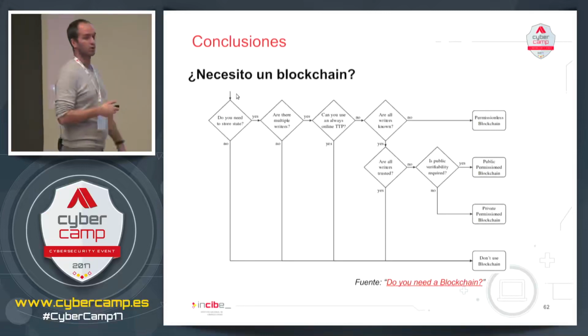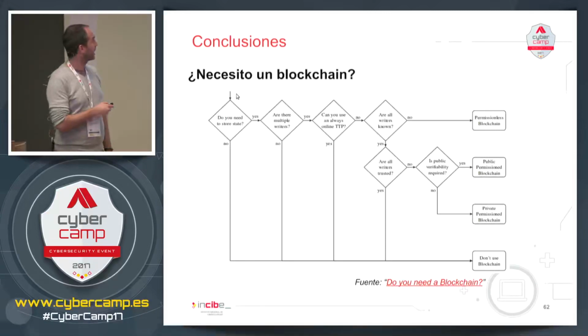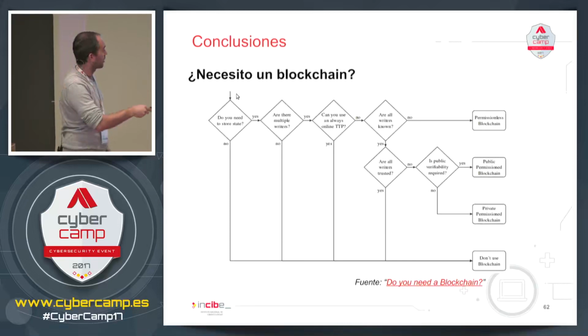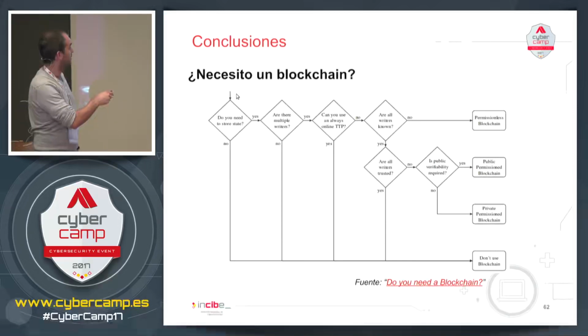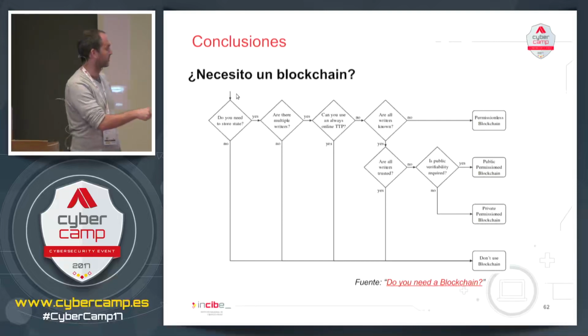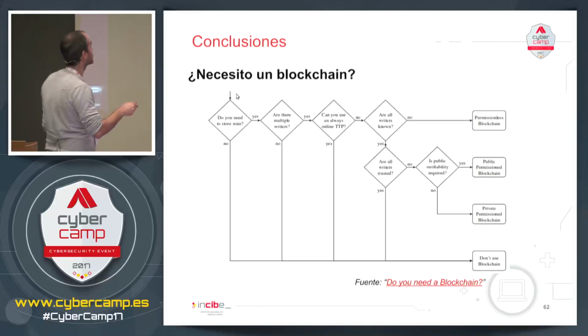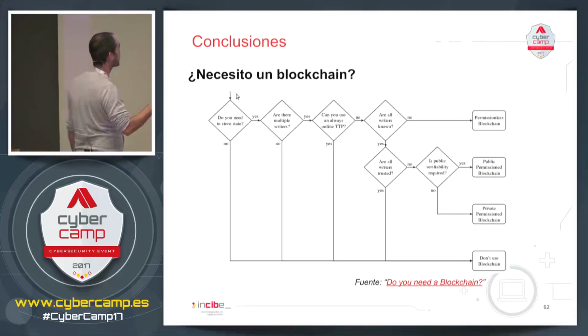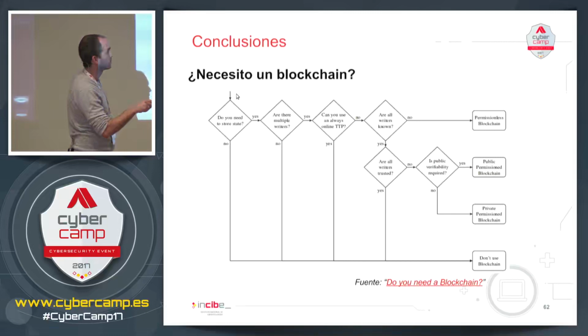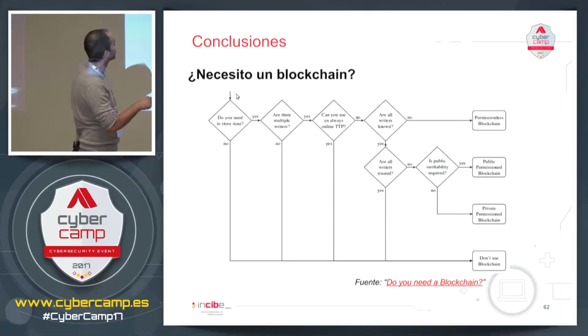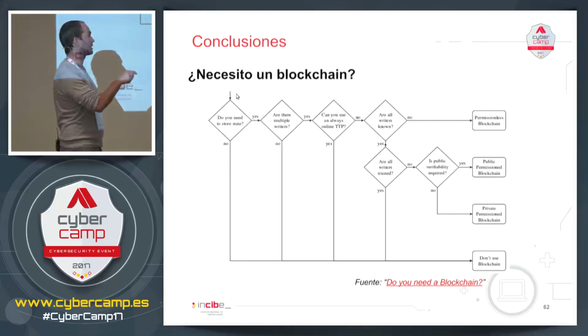The next question, are all writers known? Here, from this moment onwards, you can see that the result is going to be yes. Yes, it may well be advisable to use blockchain. Otherwise, if all the answers are no, then you don't use a blockchain. But there are different kinds of blockchains. If the writers aren't known, then it's a non-permissioned blockchain.